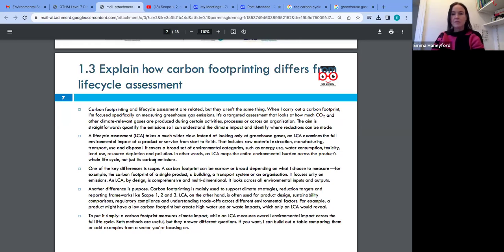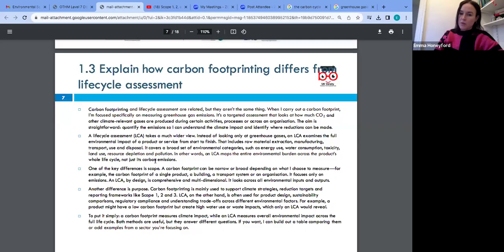So life cycle assessment takes a much wider view. So this not only looks at greenhouse gases, but an LCA will examine the full environmental impact of a product or service from start to finish, from cradle to grave, they call it. So that includes raw material extraction, manufacturing, transport, use and disposal.